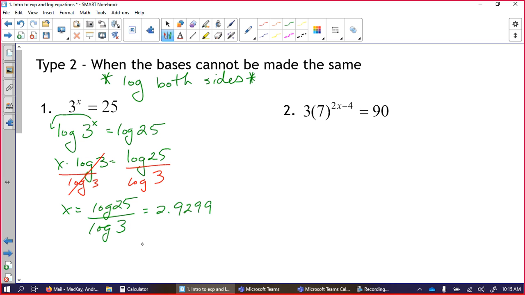So technically it's the same thing that we do when the bases are the same, but we just have to show it because we have to use the numeric version. Over here, we have to isolate our variable. So 7 to the 2x minus 4 equals 30.